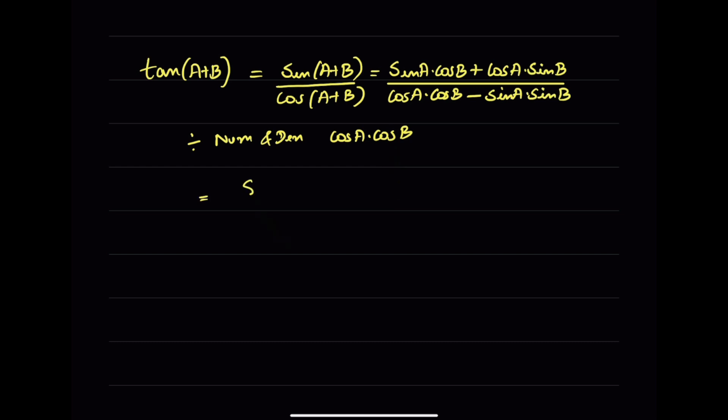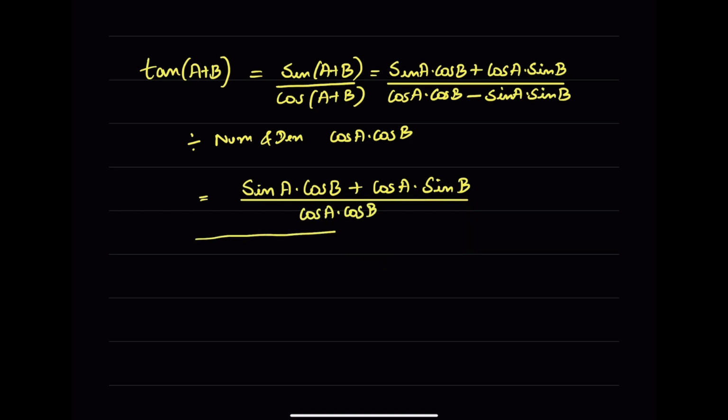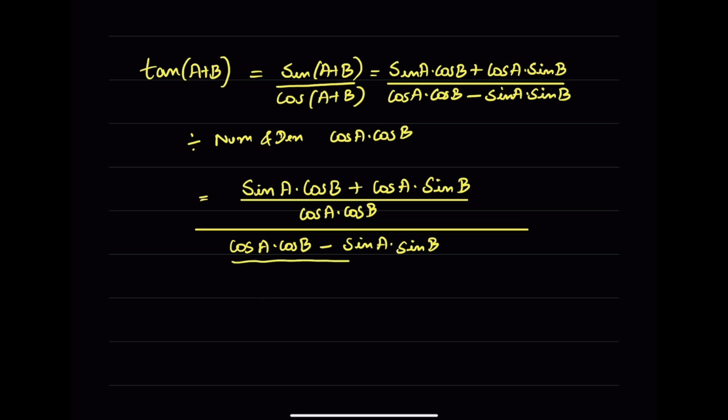So this will be sin a cos b plus cos a sin b divided by cos a cos b, and then cos a cos b minus sin a sin b divided by cos a cos b.